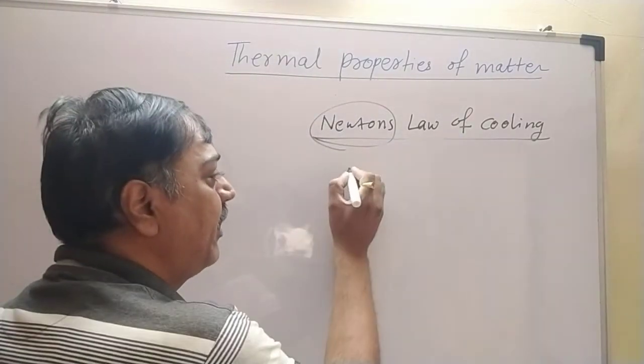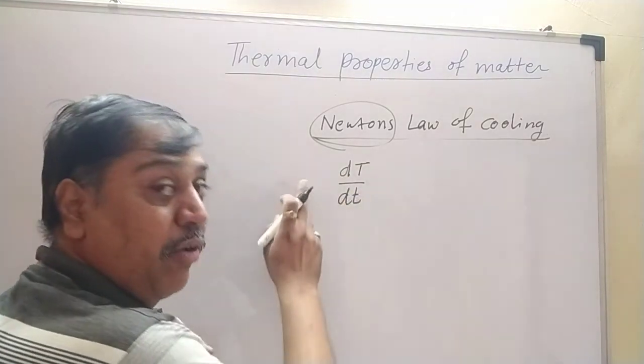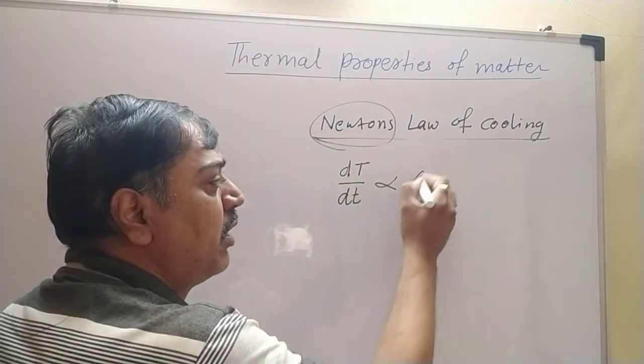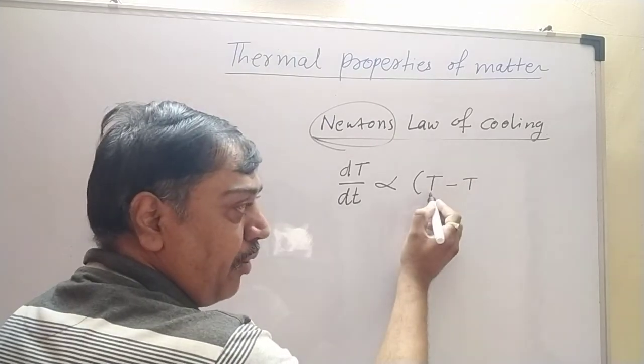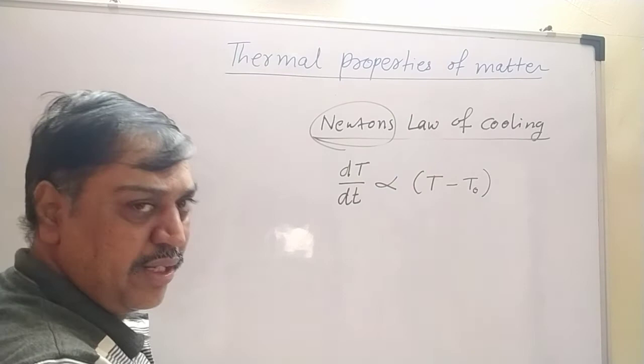So dT/dt, the rate of loss of heat, or change in temperature of the body with time, is directly proportional to the temperature of the body minus the room temperature. This is said to be Newton's law of cooling.